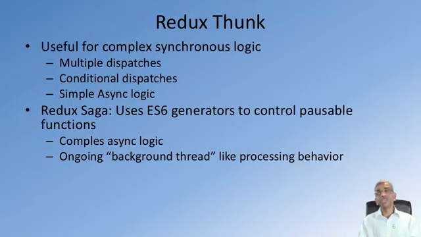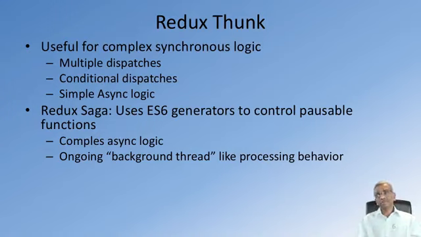So we will only stay with Redux Thunk. A Redux Saga uses ES6 generators to generate pausable functions. Now, for the examples that we look at in this course, we don't need that complex asynchronous logic, so I am not going to go into Redux Saga at this moment. We will defer that to an advanced course later on.